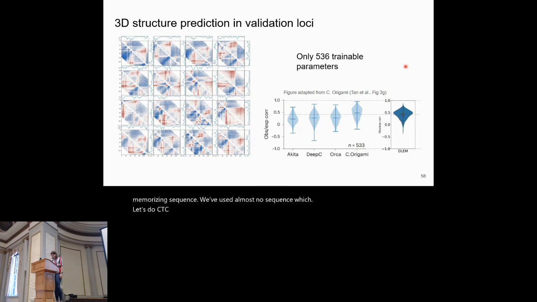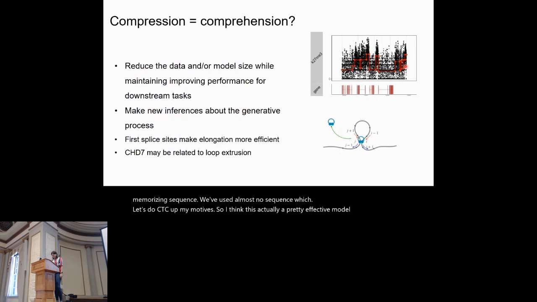So I think this is actually a pretty effective model. Just to summarize, I've discussed some ways we think about compressing data and creating these reduced representations.